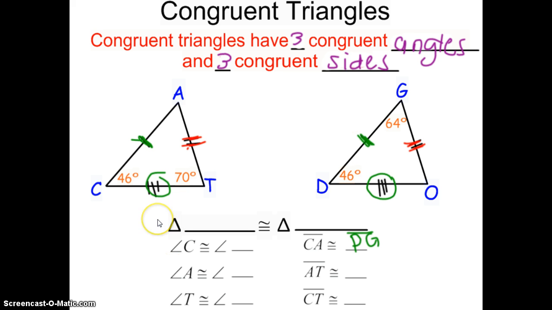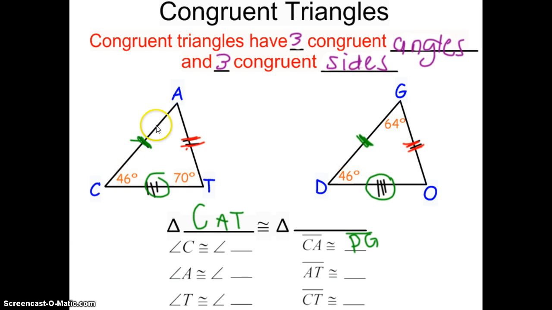Now let's start with labeling our triangle. Here I'm going to label this triangle as triangle CAT. Now I had to make sure that I label this triangle the same, as in regards to the vertices that I used. Well, first I got to figure out which angles are congruent to each other.